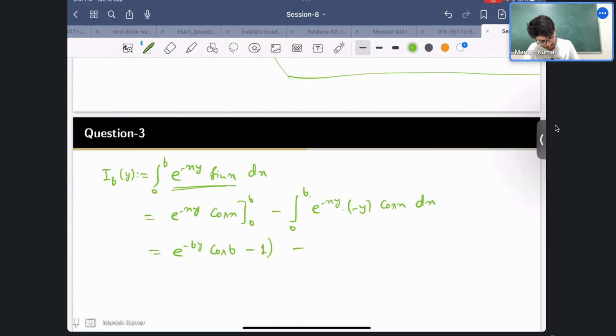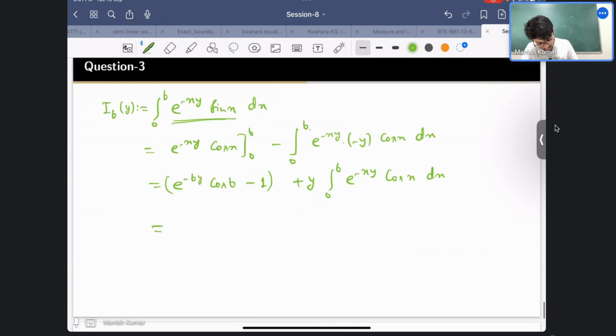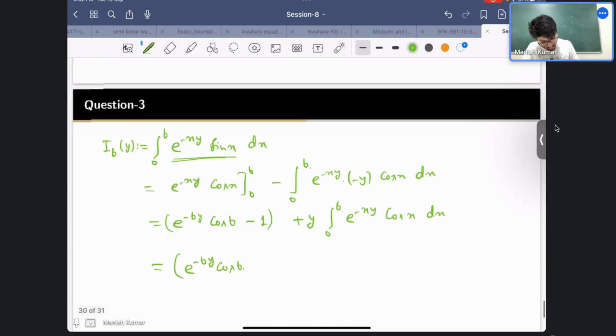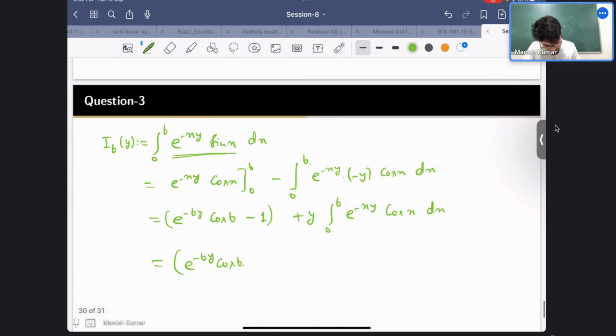Now again use integration by parts. Let me first take y outside, then you have the integral from 0 to b of e^(-xy) cos x dx. So again let's write e^(-by) cos b, and the sign of integration, so this will be minus, plus minus.